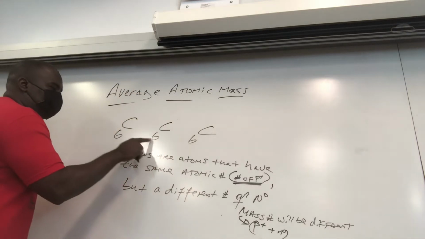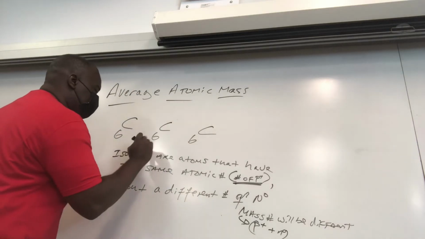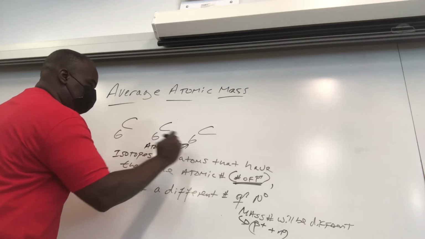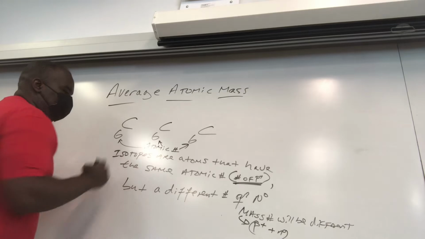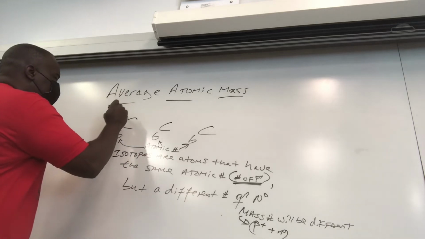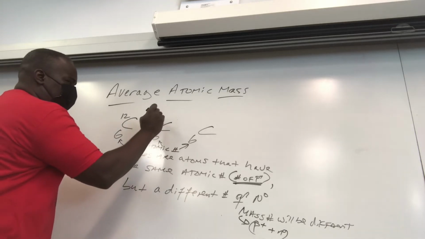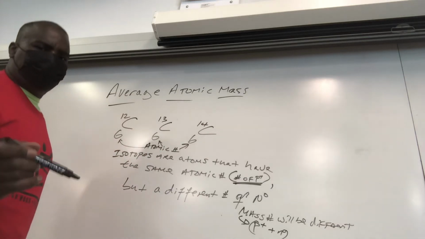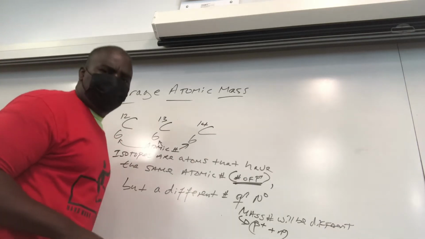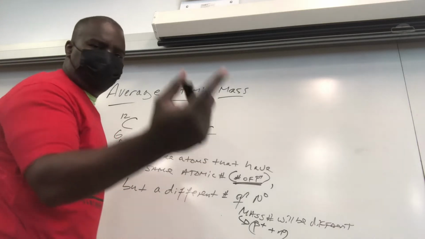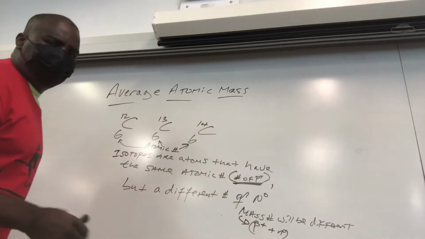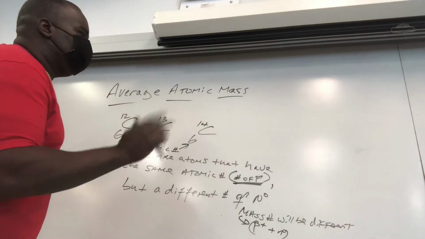You could have the same atomic number in the bottom right here, but you could have carbon 12, carbon with mass number 13, and carbon with mass number 14. And earth science people, carbon 14 should be familiar to you, for dating of previous living material. So we're moving on.